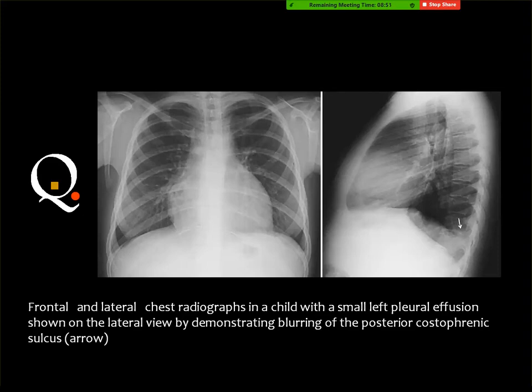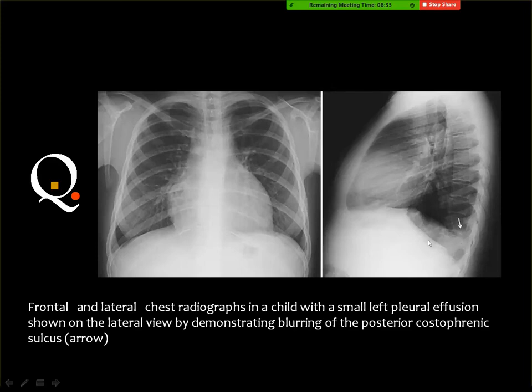Consolidation of the lower lung, at which lung? Retrocardiac left lower lung. This arrow points to the fluid level or fluid in the costophrenic angle, and this is effusion.